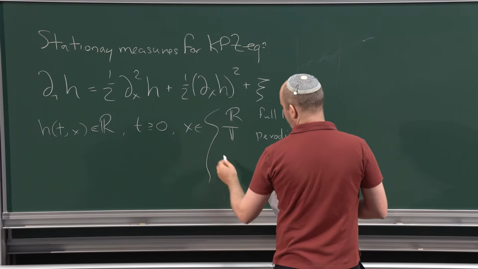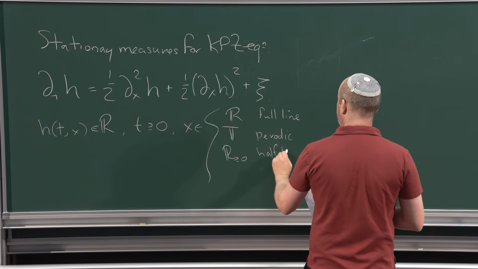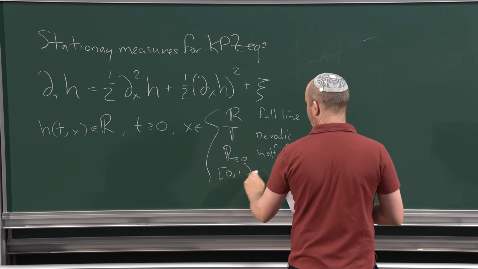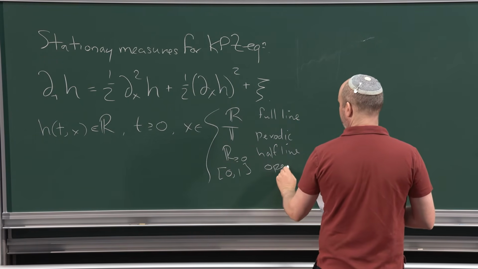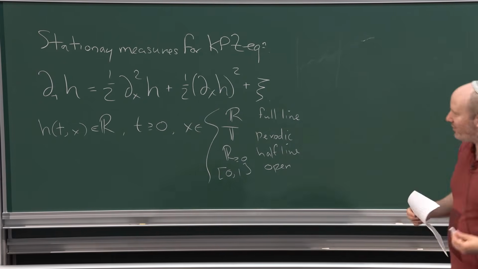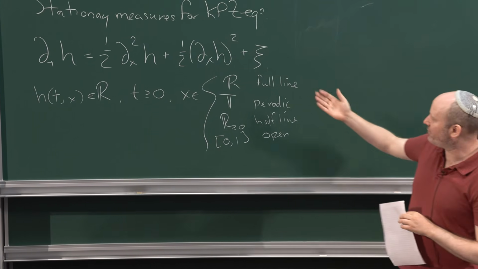Or you can have a half line, or you can have an interval, say 0, 1. And sometimes this is called the open KPZ, or finite.